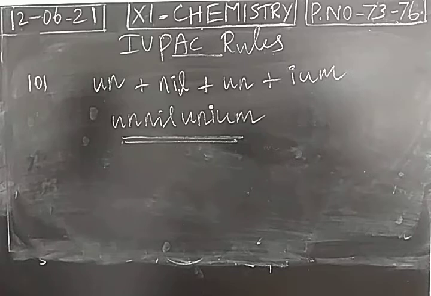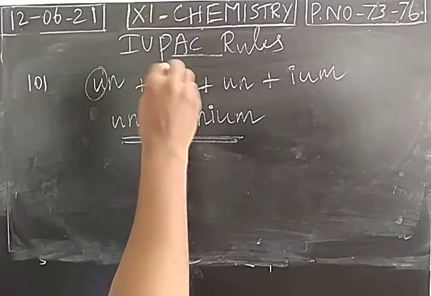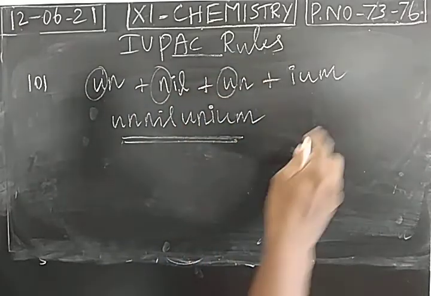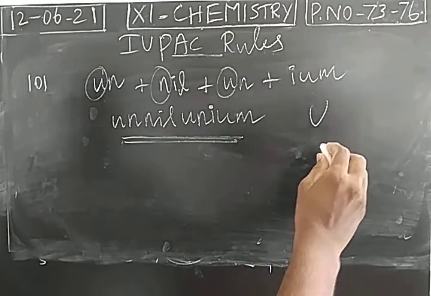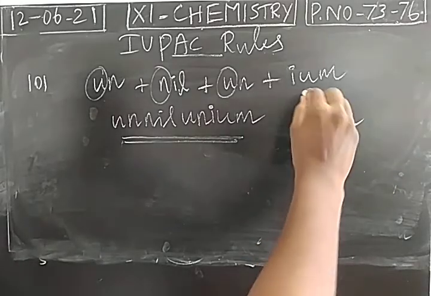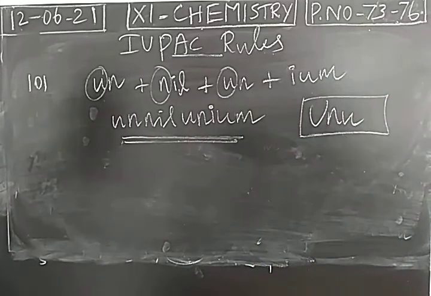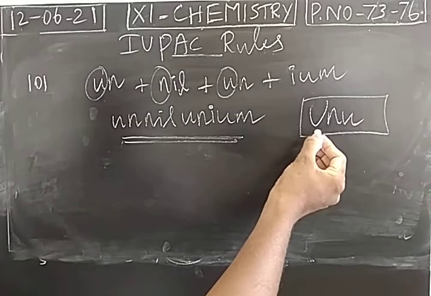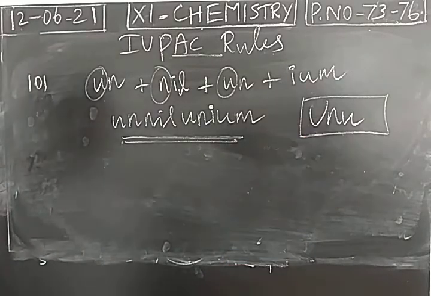So this is the temporary name for an element with atomic number 101. How will you write the symbol? You take the first letter of the root words: U, N, U. So this is the temporary symbol. And always this first letter should be a capital letter.